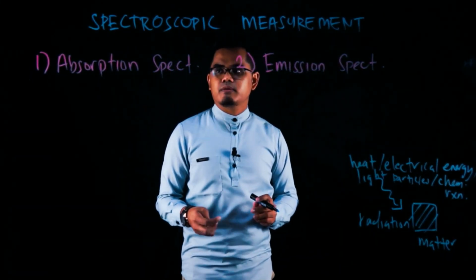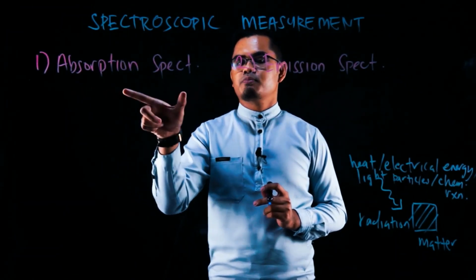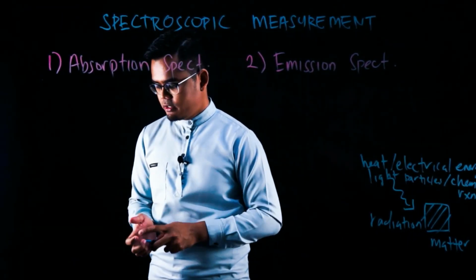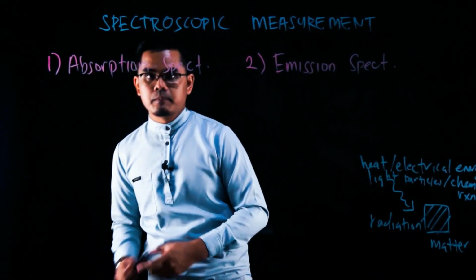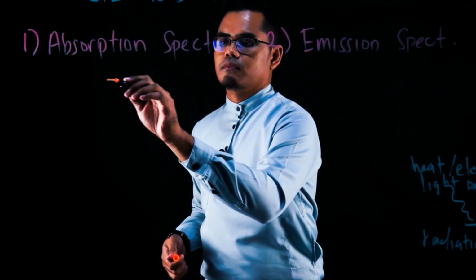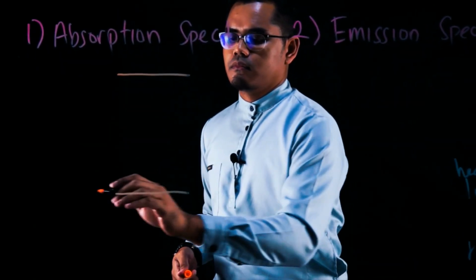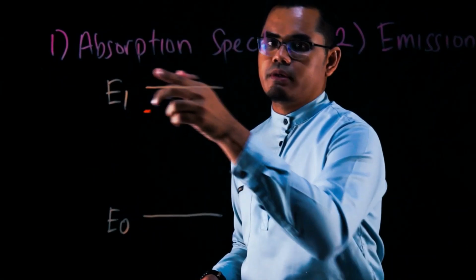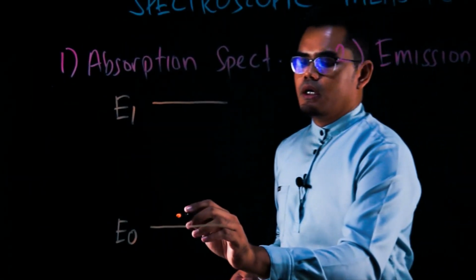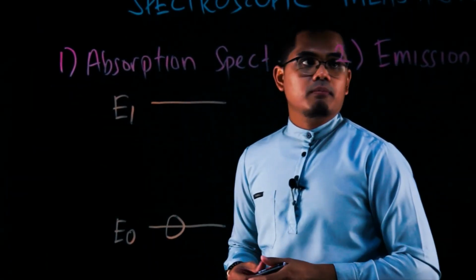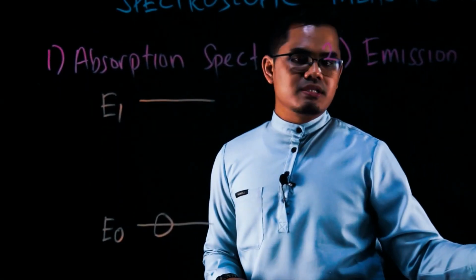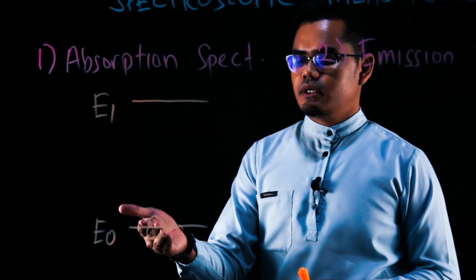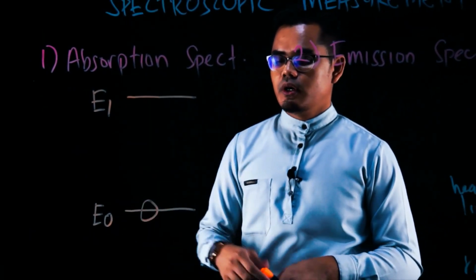Okay, next I'm going to explain absorption spectroscopy, the process behind this. So I need to draw the energy level diagram. This is the simplified energy level diagram to explain absorption spectroscopy. Before applying the stimulus, the analyte is predominantly in its lower energy state, or ground state.